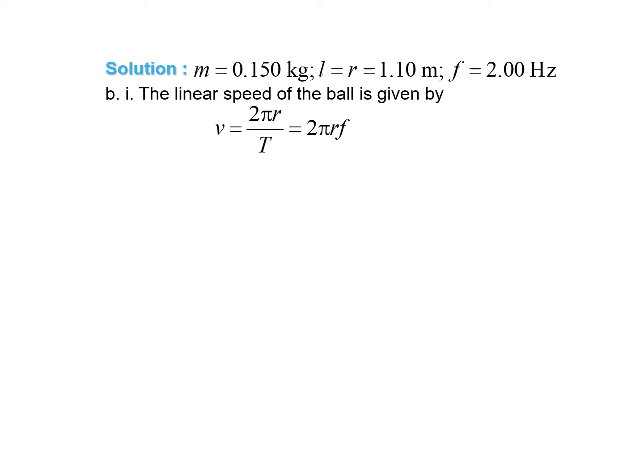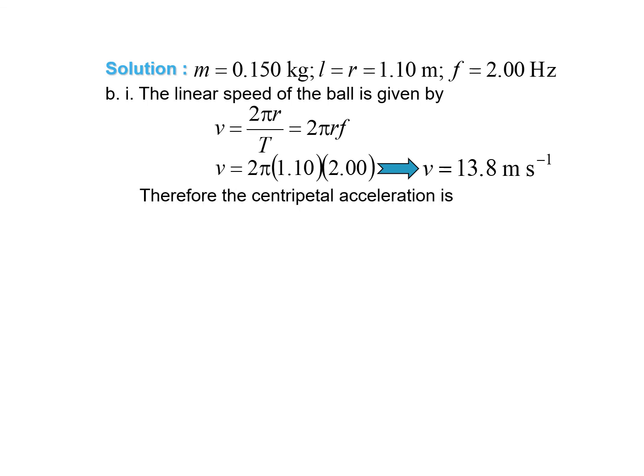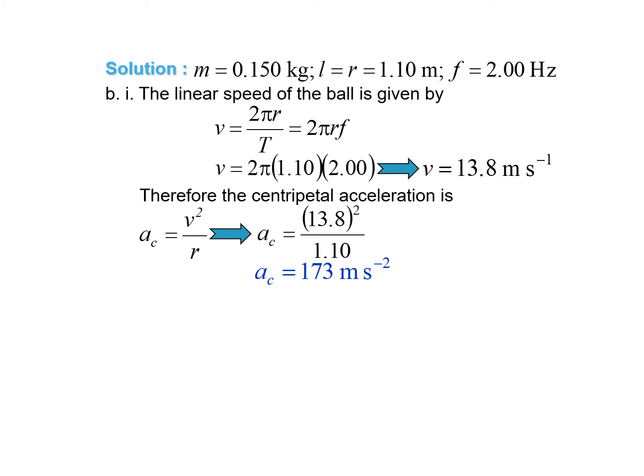Since we have the frequency, we can calculate the linear speed, which is 13.8 meters per second. Then for centripetal acceleration, since we have the speed, we replace it in and get 173 meter per second squared, acting toward the center of the circle.